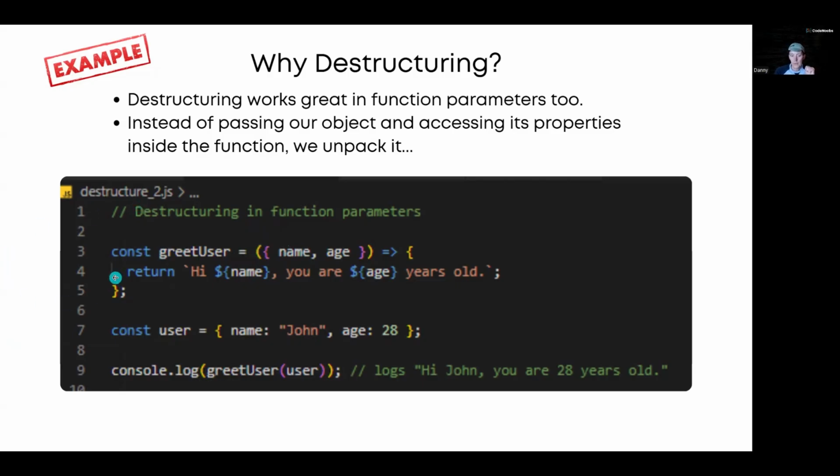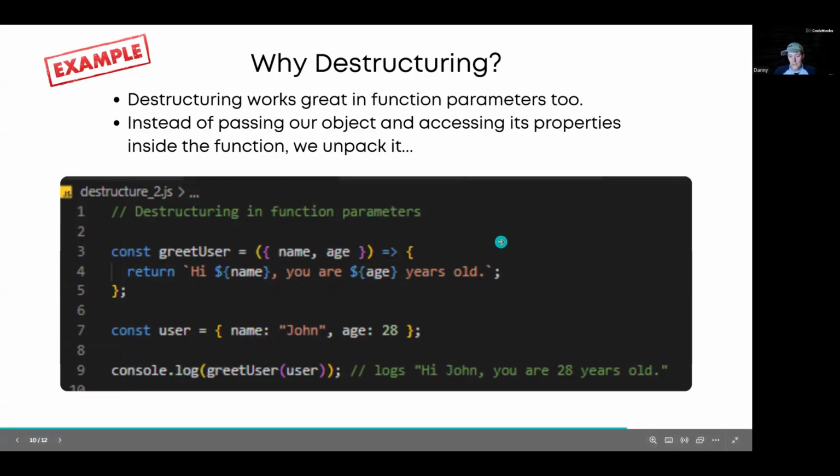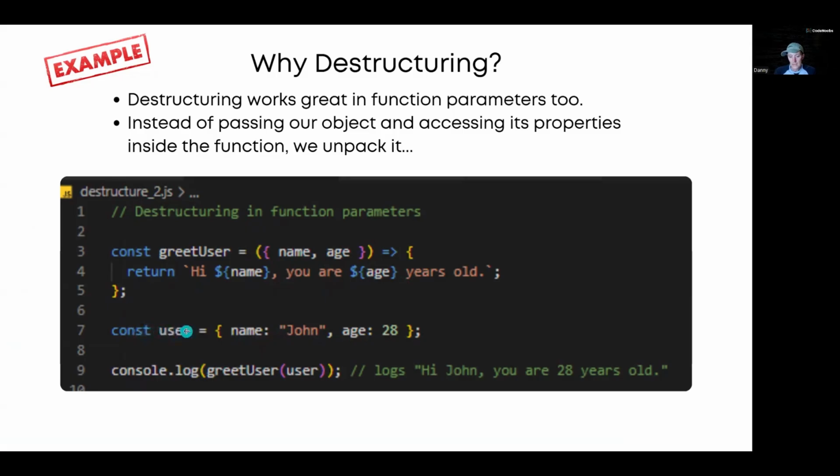And we're going to return on line 4 a template literal: hi, name, you are age years old. Then imagine we define a user object that has two properties, name and age. So name John, age 28. If we just console log greetUser and pass this user object in, these values are just destructured from it. It makes it so much easier. It takes away a lot of the hassle, and it also makes it cleaner code overall.